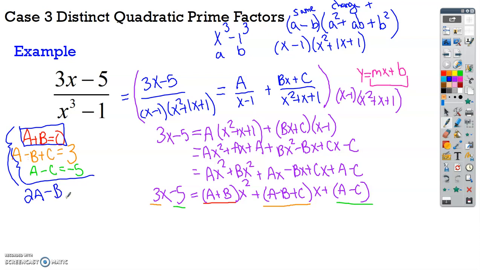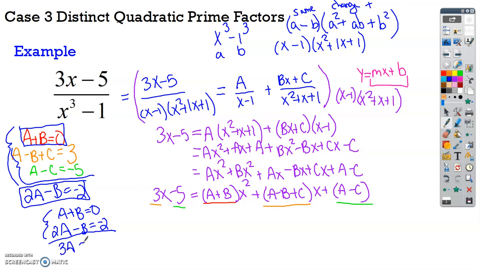C's cancel. And 3 minus 5 is negative 2. All right, so a plus b is 0. 2a minus b is negative 2. I'm going to add straight down. B's cancel. a plus 2a is 3a. And 0 minus 2 is negative 2.